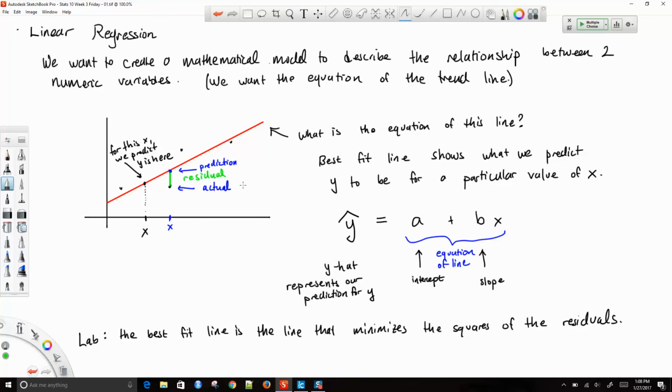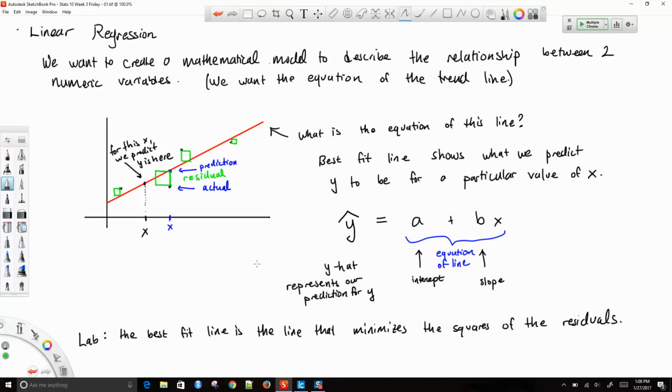And what the best fit line does is it takes each of these residuals and turns it into a square, and then you find the residuals for every single dot, and you square them all, and the line that minimizes the squares of all of these residuals is the best fit line. I'm hoping in the lab you explored this, or you'll explore it when you do it.